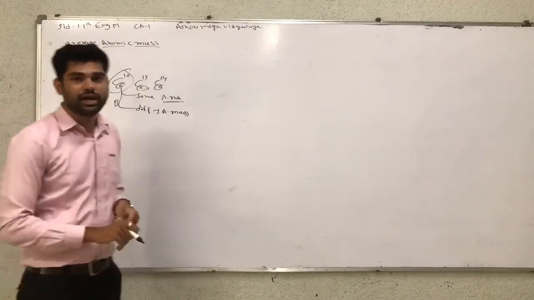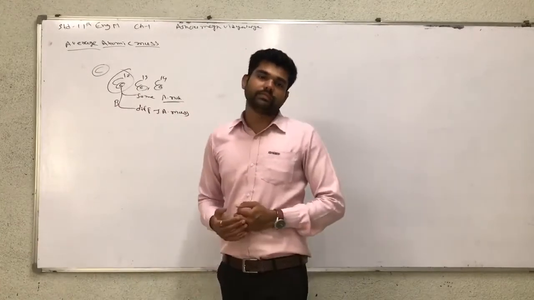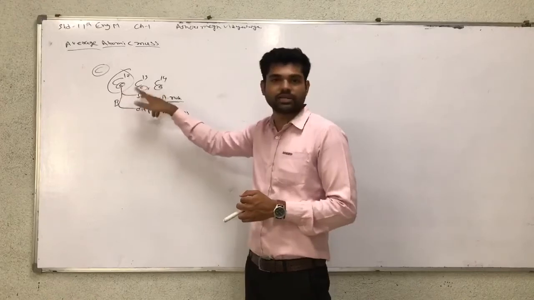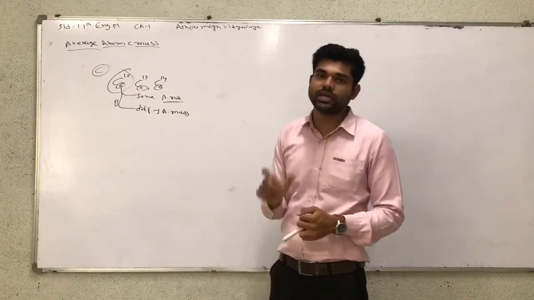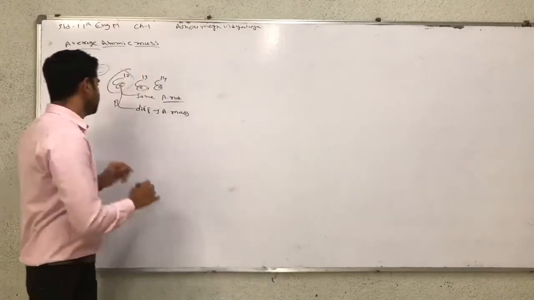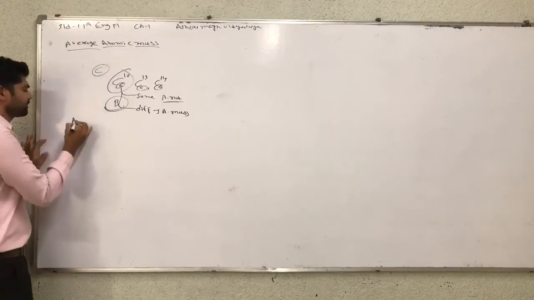Now understand average atomic mass. How to find the atomic mass of carbon? First, average atomic mass means the average mass of all isotopes of a given element. Remember one equation to find average atomic mass.